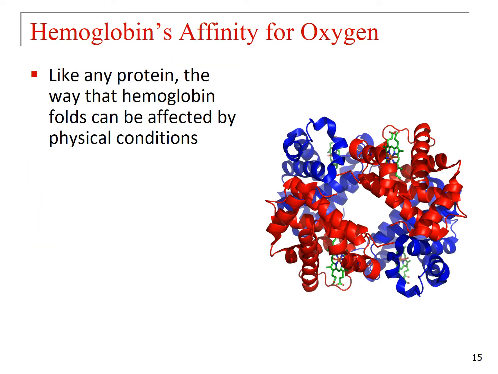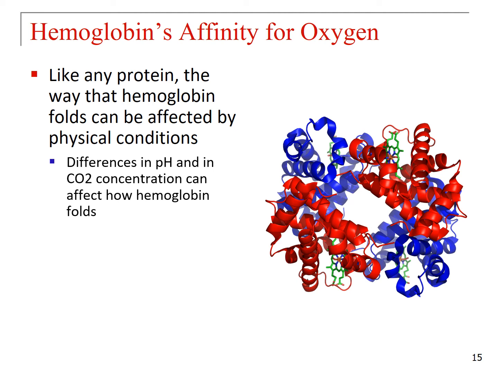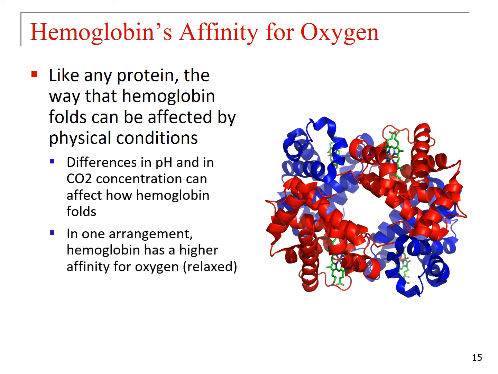Now, like any protein, hemoglobin folds, and the way that it folds can be affected by physical conditions. What are the physical conditions that can affect how hemoglobin folds? Differences in pH, differences in CO2 concentration, this can affect how hemoglobin folds. Now, there are two different arrangements of hemoglobin.